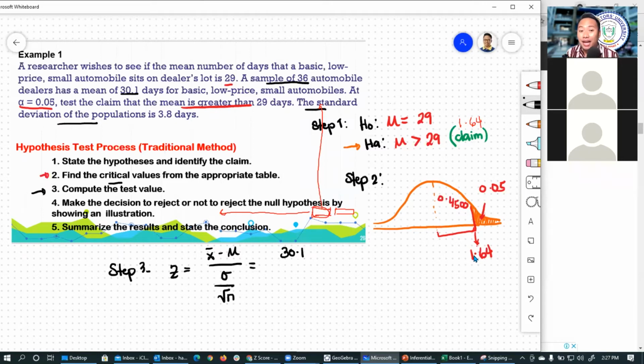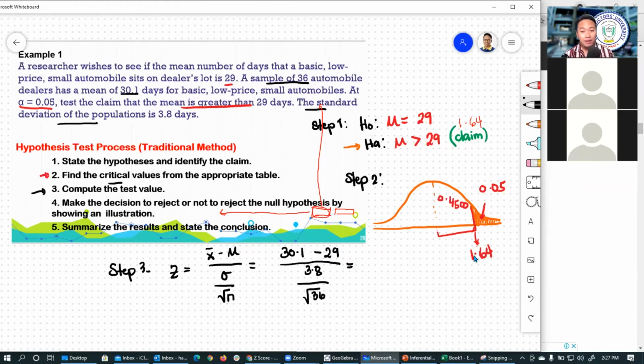Because that's the mean produced by the 36 sample of automobile dealers. Minus the population mean of 29 over the standard deviation of 3.8 days over the square root of n. N is the sample size. In this case, it is 36, right?